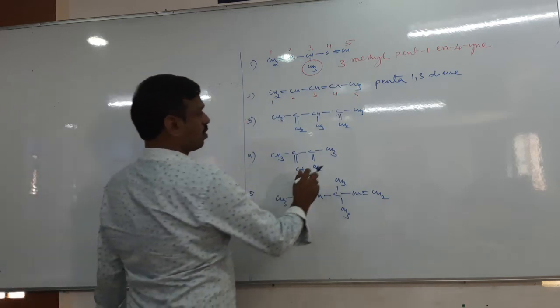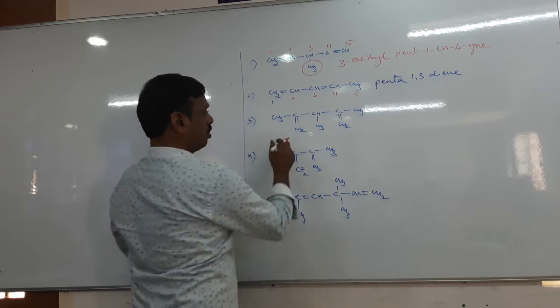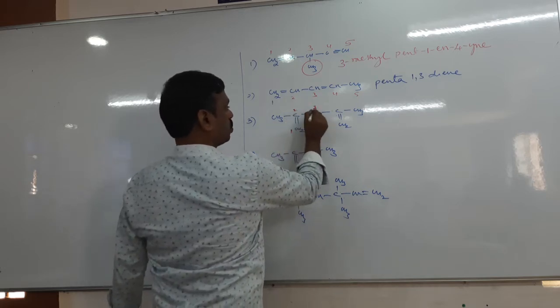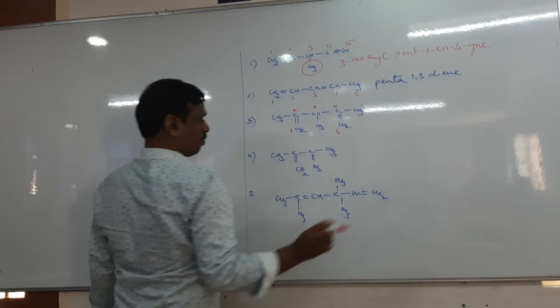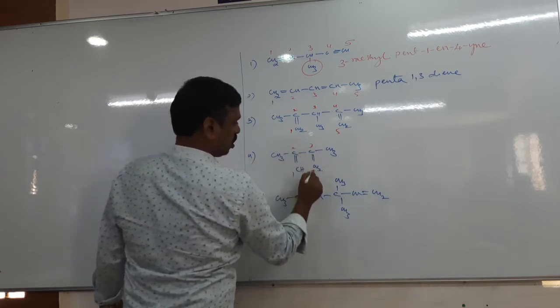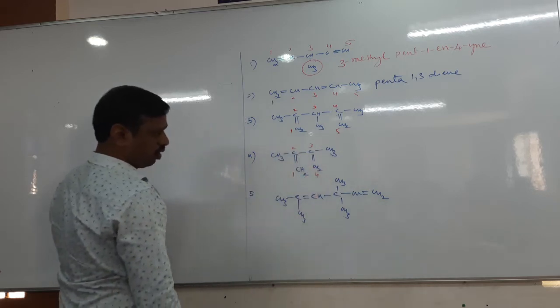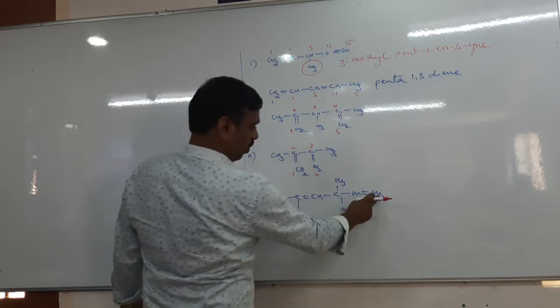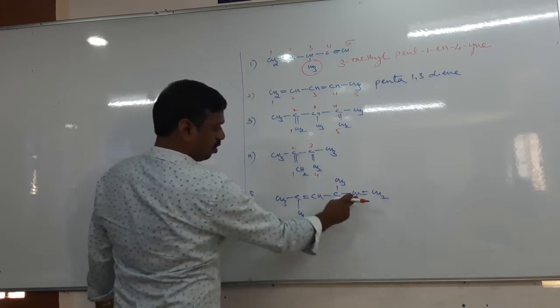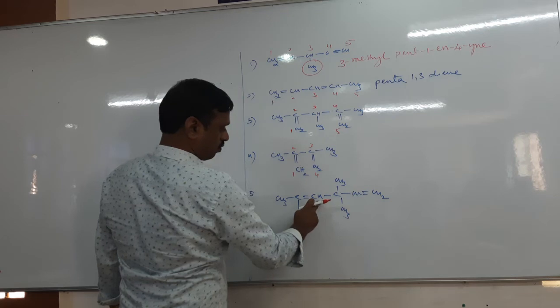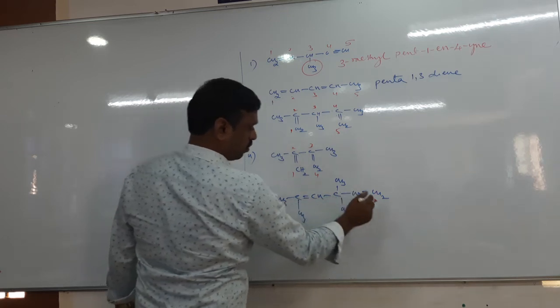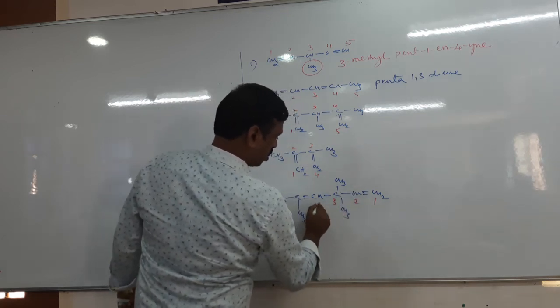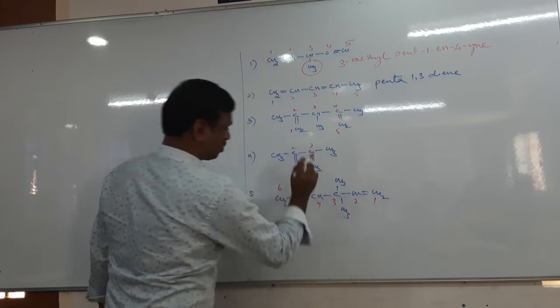Next, 1 2 3 4 5. It is 1 2 3 4. Here 1 2, 1 2 3 4, 1 2 3 4 5. So 1 2 3 4 5 6.